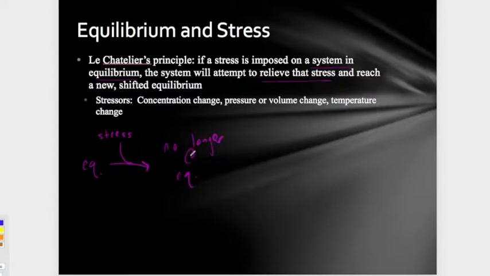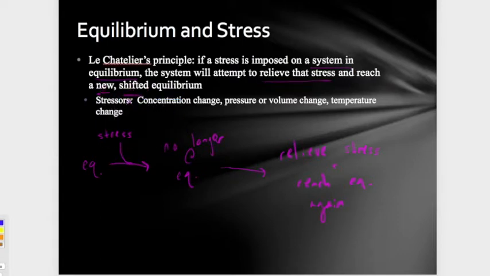And the system is going to have to respond in some way to relieve the stress and reach equilibrium again.